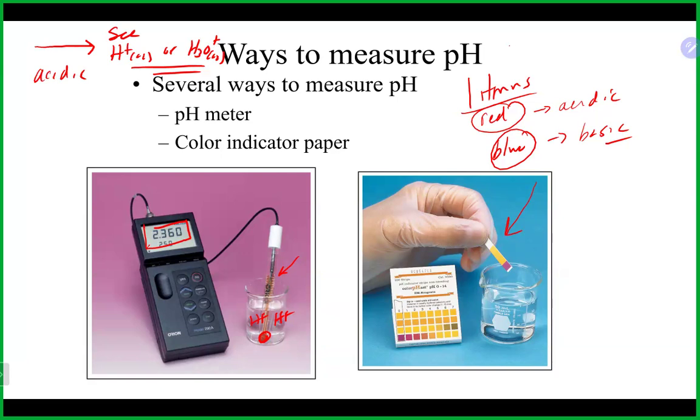Same thing if you look on the product side of the arrow and you see hydroxide by itself, or any type of hydroxide, it's probably a pretty good bet that it's going to be basic. So in a chemical equation, sometimes you'll see H plus or H3O plus on the product side, or OH minus on the product side. And that's usually a fairly good indication that a solution is either acidic or basic.